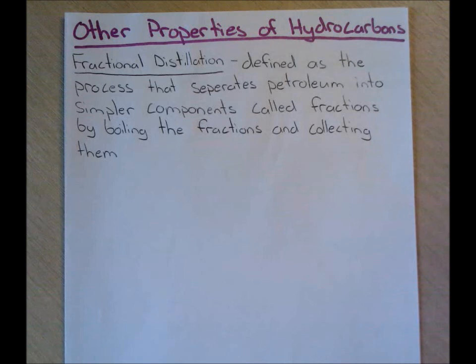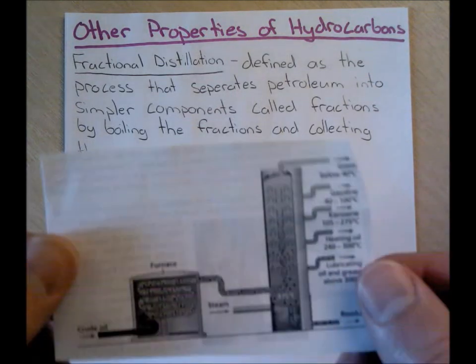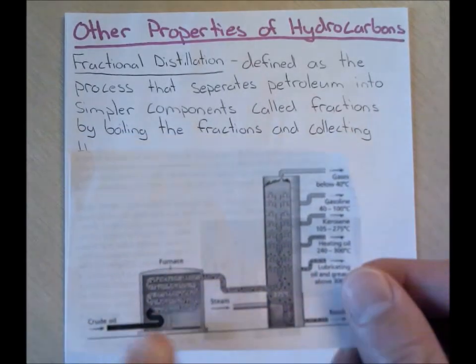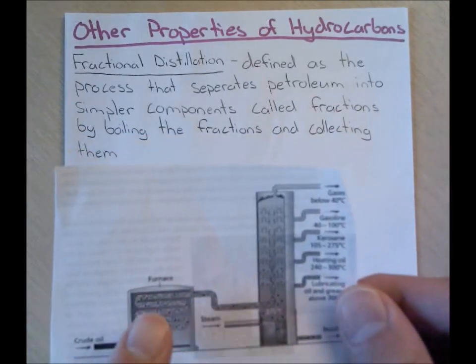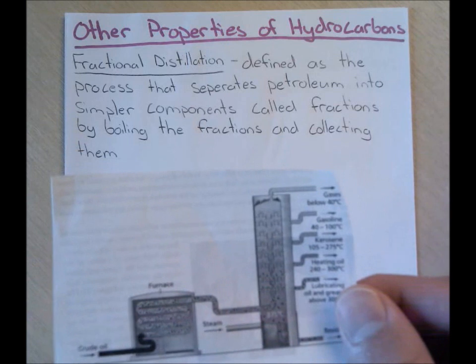petroleum through fractional distillation. To give you an idea of how this works, in this big tank on the left hand side, we have the petroleum that's extracted by the oil rigs.